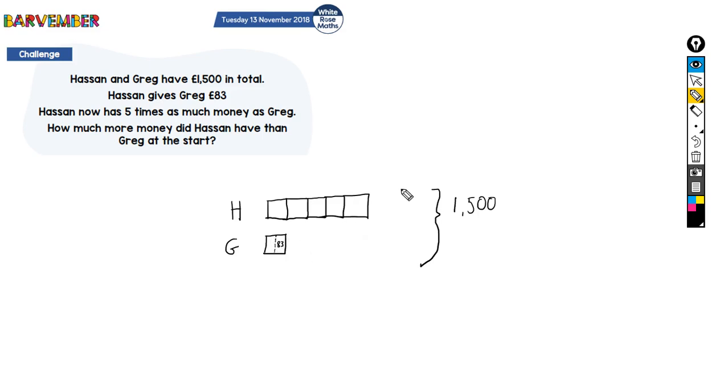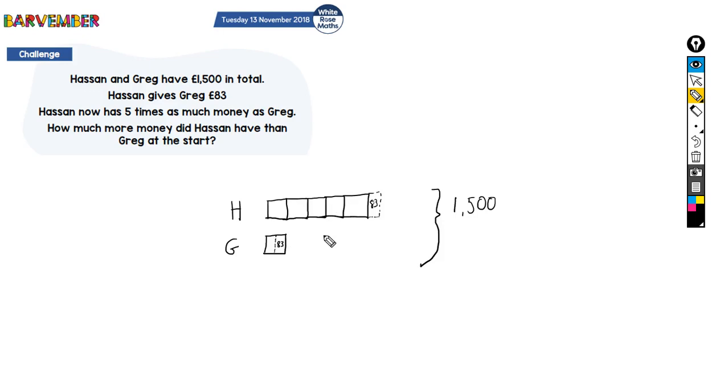So 83, this is the 83 here, because at the beginning this part was up here. Hassan gave Greg the 83, and that's when we achieved this proportion of 5 to 1.